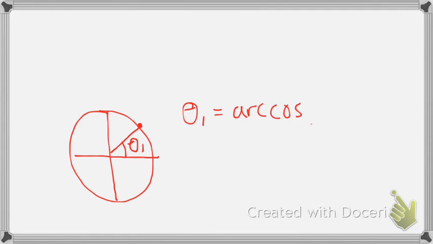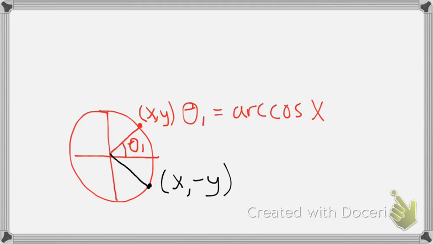Sorry, that's a typo, it's arc cosine of x, because remember, cosine of an angle theta is the x coordinate up here. So that's the point x, y. Now which quadrant would another angle be in that has the same x coordinate? Well, that angle would have to be down here in the fourth quadrant. So this point right here will have the same x coordinate, but the y coordinate will be negative.